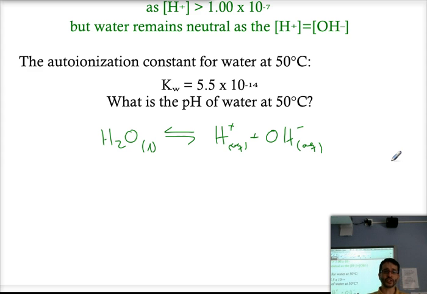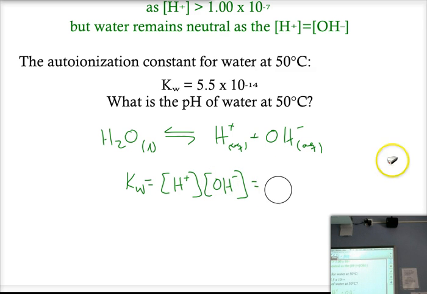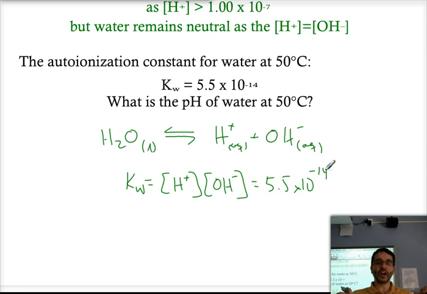Kw is equal to the concentration of H plus times the concentration of OH minus. But because we have pure water, concentration of H plus equals concentration of OH minus.